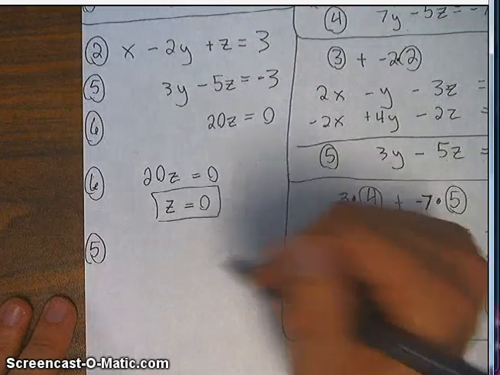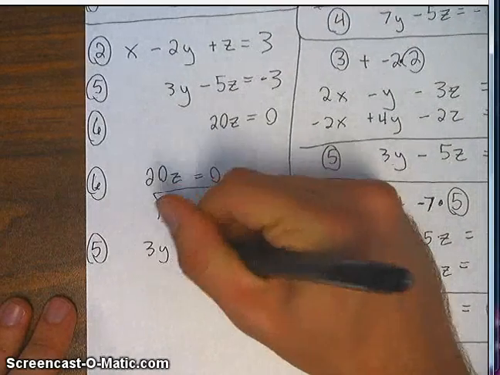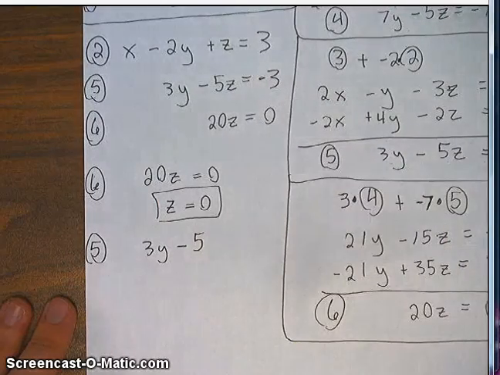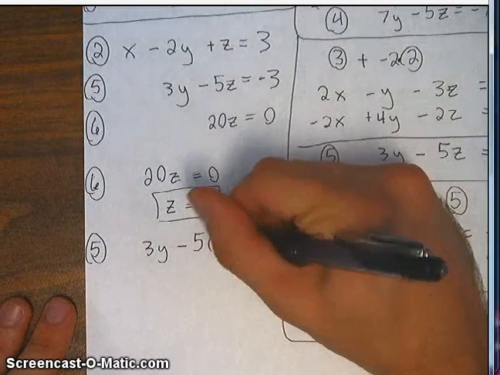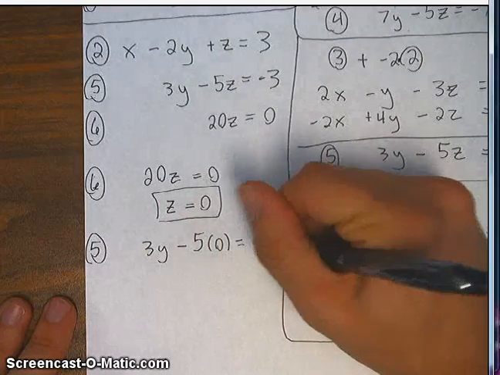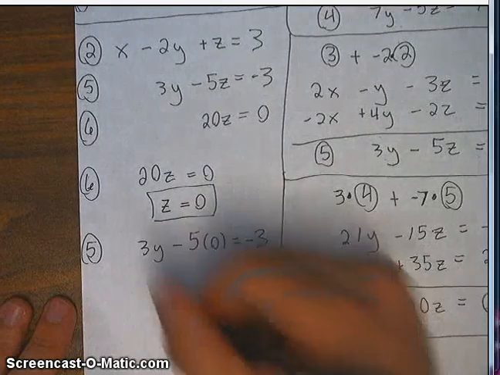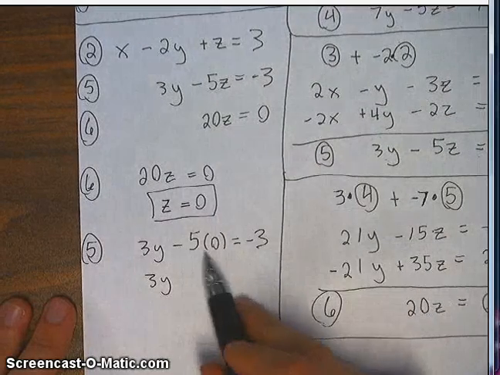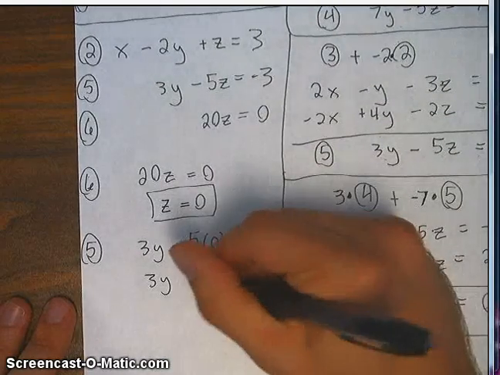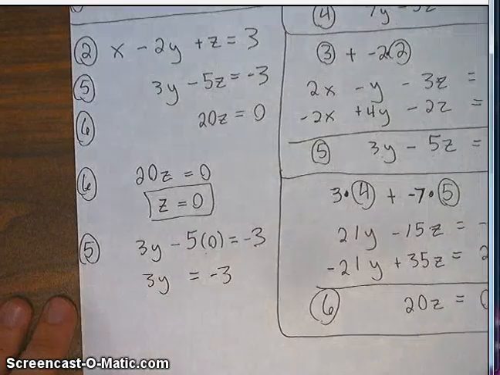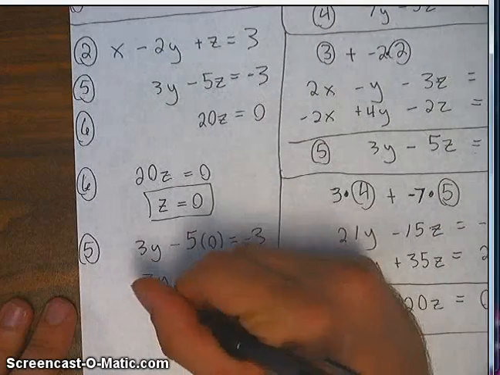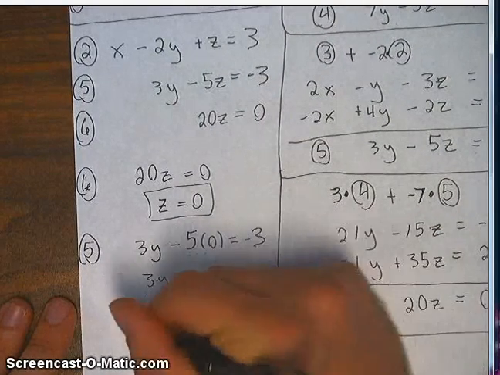I'm going to copy down equation number 5. 3y minus 5z, but now I know that z equals 0, so I'm just going to plug a 0 in there, equals negative 3. Well, that's 3y minus 5 times 0 is just 0. 3y equals negative 3. Divide both sides by 3, and you got y equals negative 1.